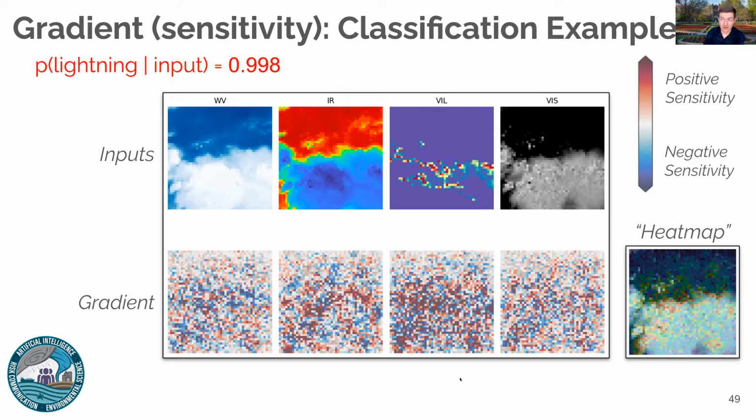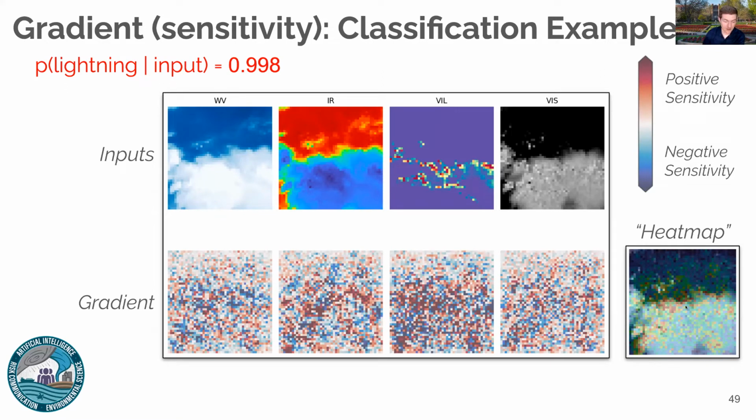And that jives with our permutation global importance result from before, saying that VIL for the classification example is the most important. Another way that's commonly done with these gradient methods is that we combine all of the different channels into one heat map. Those were like the images that Antonios was showing before with the birds and the dogs.